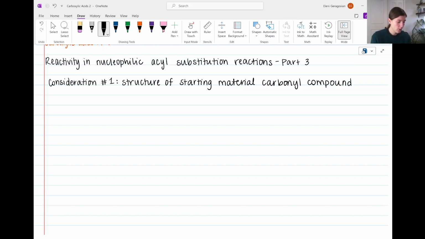So that's what we'll consider here. And really what we're focusing on is the resonance stabilization of the different Y groups. So the difference between those molecules. And then how that influences the carbonyl carbon electrophilicity.